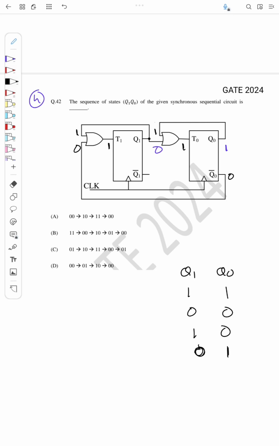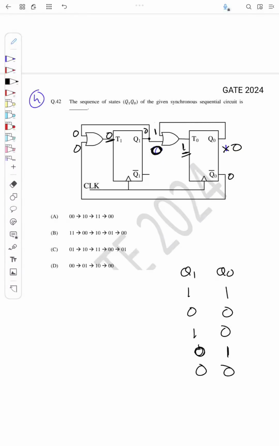Oh, sorry, so this is 0 now. Q1 is 0, so this will be 0. Since the input of the second flip-flop, that is T0, is 1, the output of this flip-flop will toggle to 0. And here the input is 0, so whatever was the previous output will remain, that is 0, so the output will be 0 0.